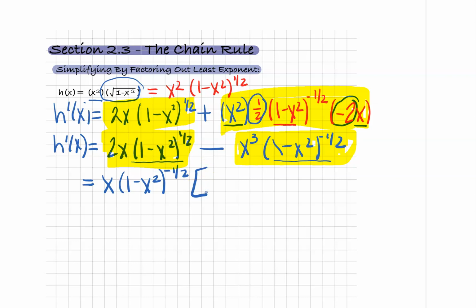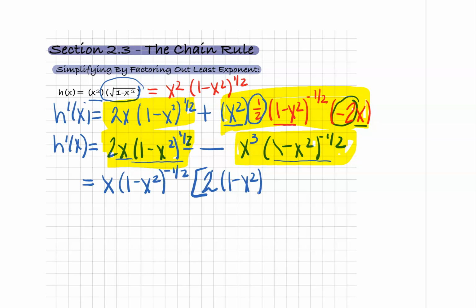So now think about your algebra. If I am taking out the least exponent, or taking out that -1/2, I am going to do 1/2 minus -1/2 to just leave the grouping. 2, we took out the x, just leaving the grouping of 1 minus x squared.